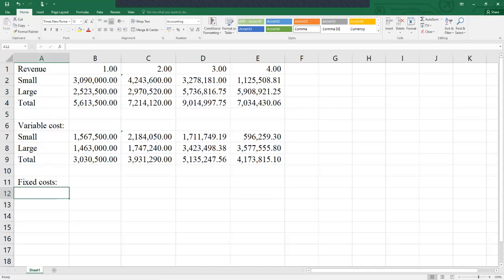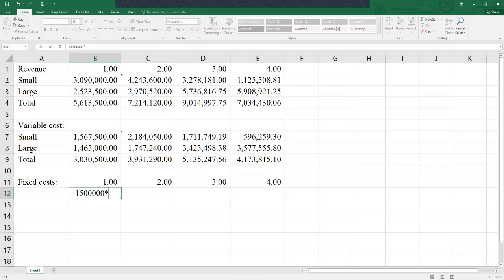Anyway, so here fixed cost, year 1, year 2, year 3, year 4, would be equal to the current fixed cost, which is 1.5, therefore it's 1.5. There's an inflation on fixed cost of how much? 2% per year. It's 1.02, to the power of 1.